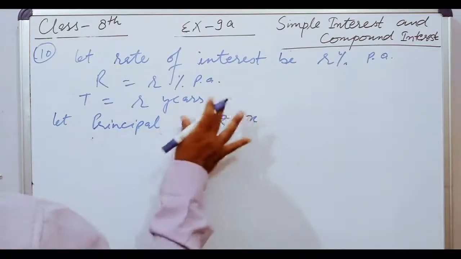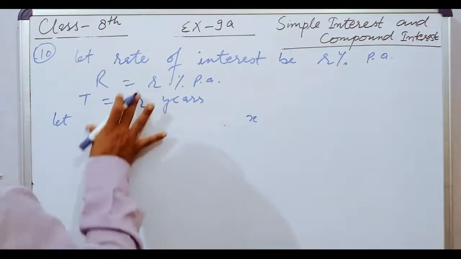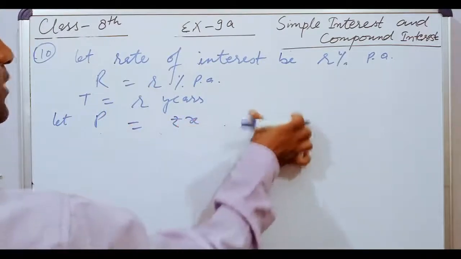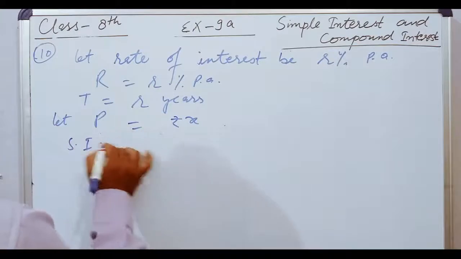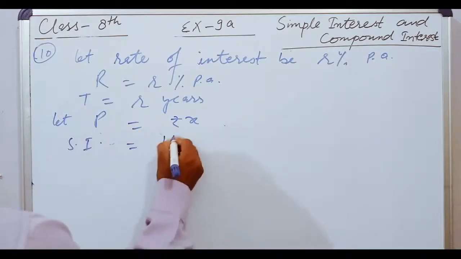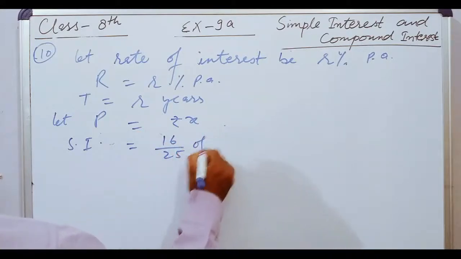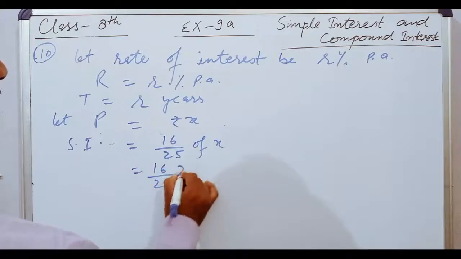Then SI, simple interest, equals 16 upon 25 of the sum, that is 16 upon 25 x.